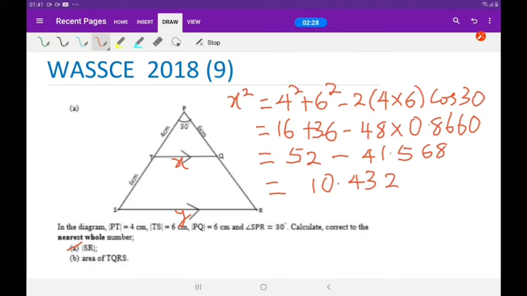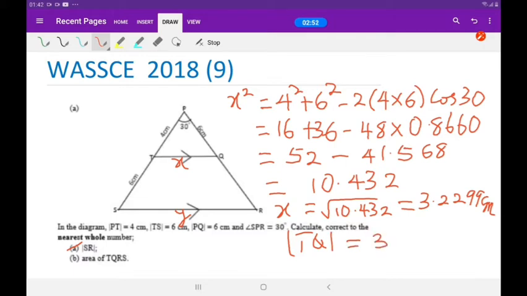And X will now be the square root of 10.432. And that will be giving us 3.2299 centimeters.